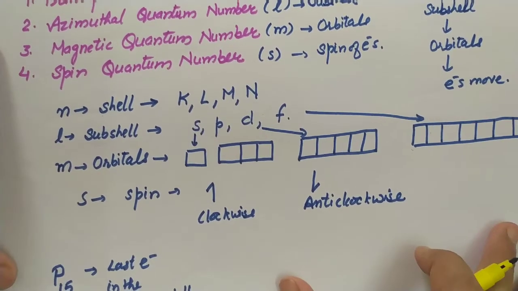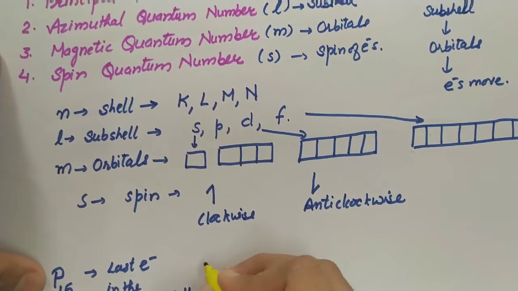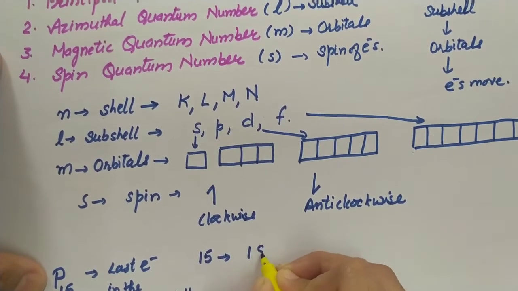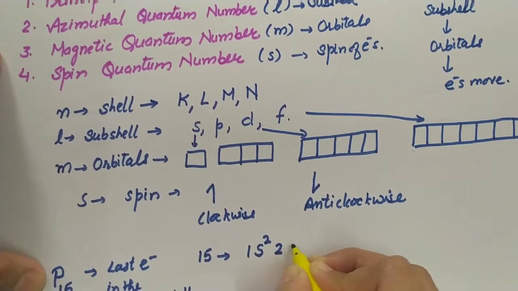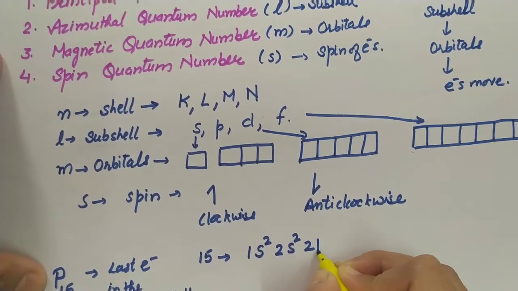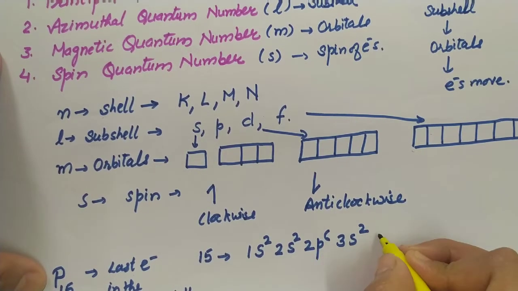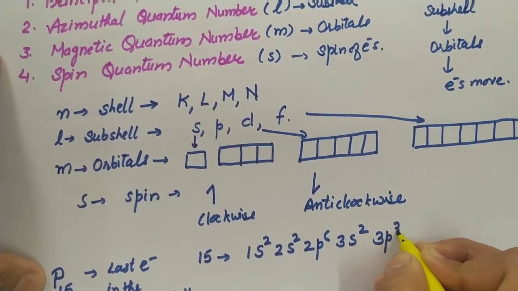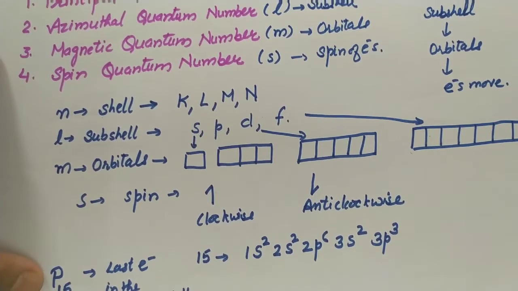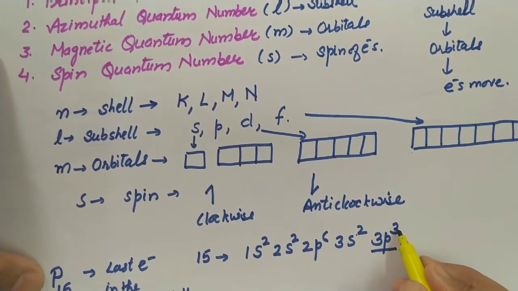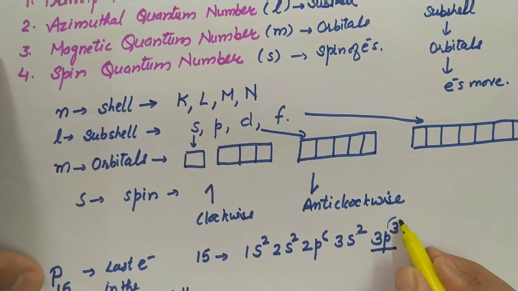Firstly, I will write the electronic configuration of phosphorus. Phosphorus atomic number is 15. Electronic configuration: 1s2, 2s2, 2p6, 3s2, 3p3. This is the electronic configuration of phosphorus, and its outermost shell is this one, and there are 5 valence electrons, and the outermost electron is this one.